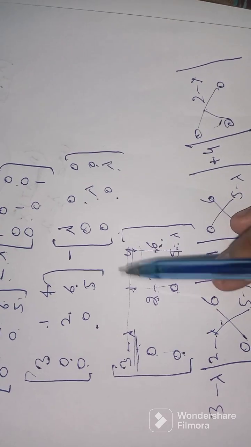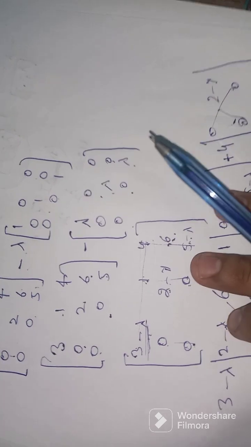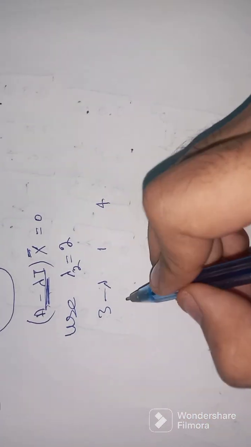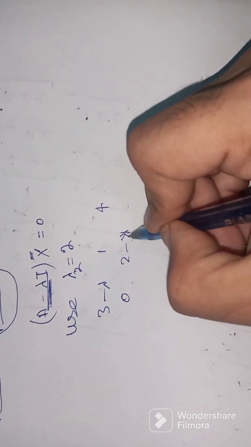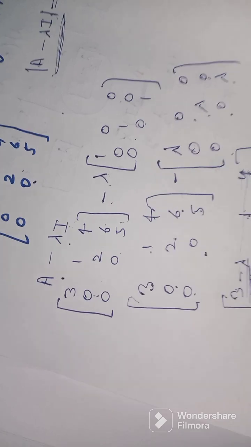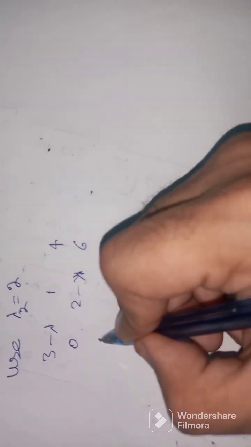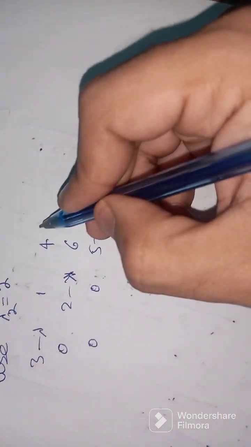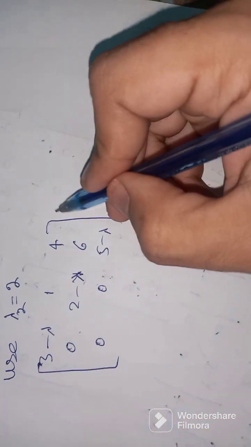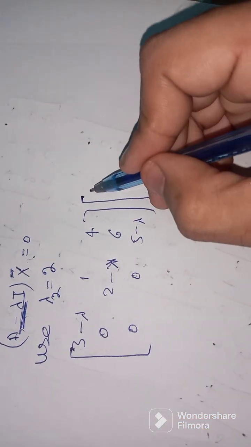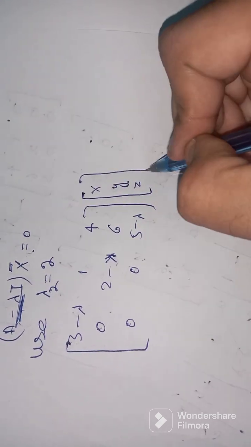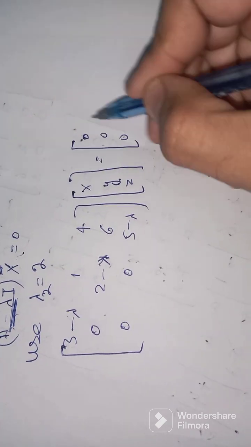A minus lambda I is equal to the matrix 3 minus lambda, 1, 4; 0, 2 minus lambda, 6; 0, 0, 5 minus lambda, and x bar will be x, y, z, equals 0, 0 and 0.